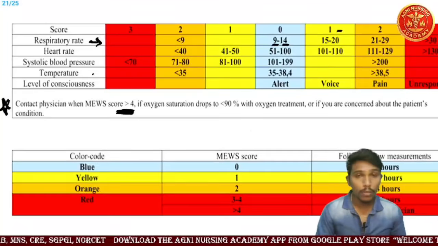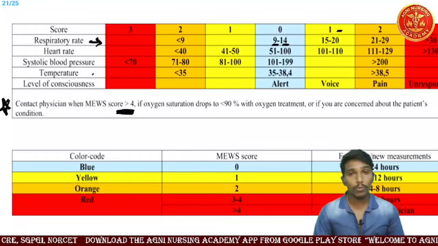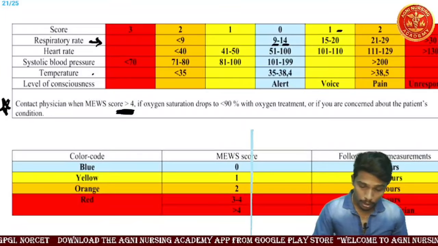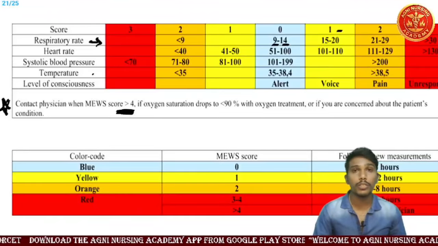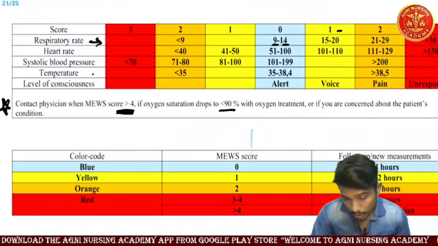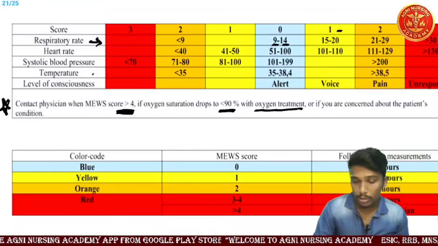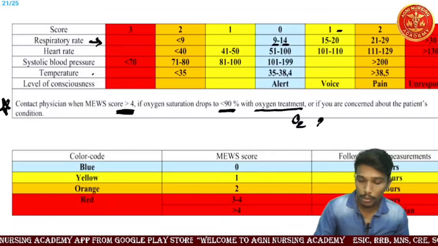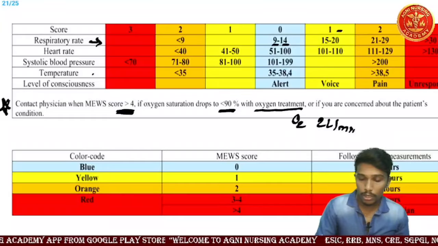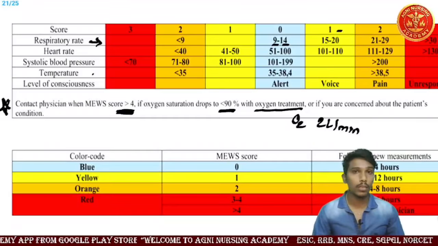More than 4 means we have to inform the physician. And one more thing: if oxygen saturation drops below 90, we have to start the oxygen without doctor's orders. We can start 2 liters per minute and inform the doctors.